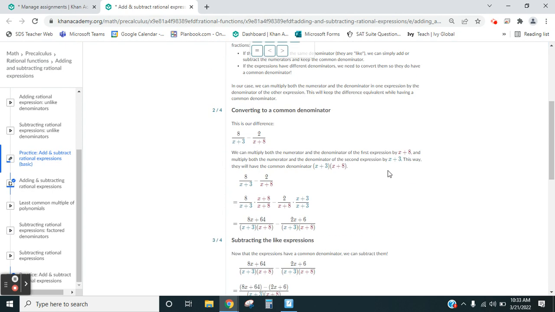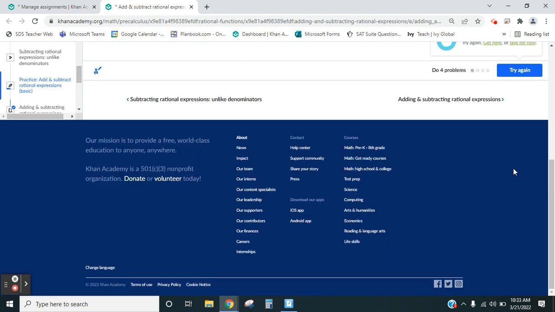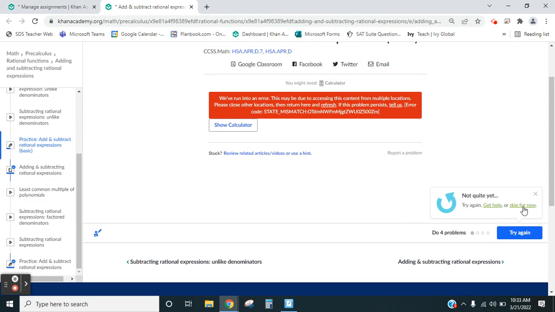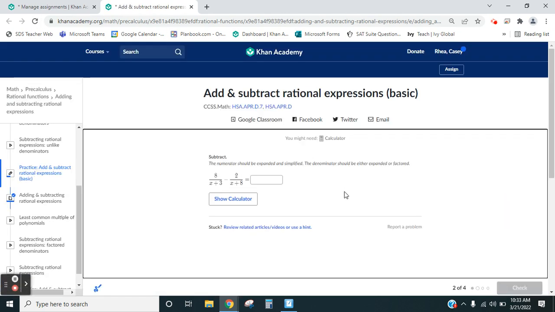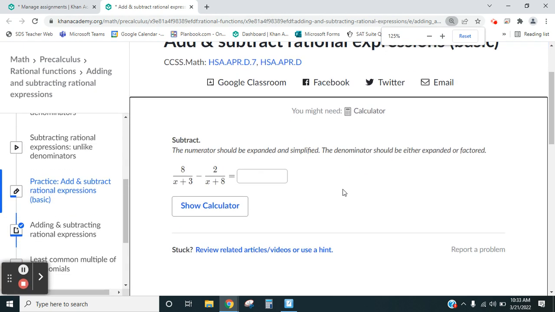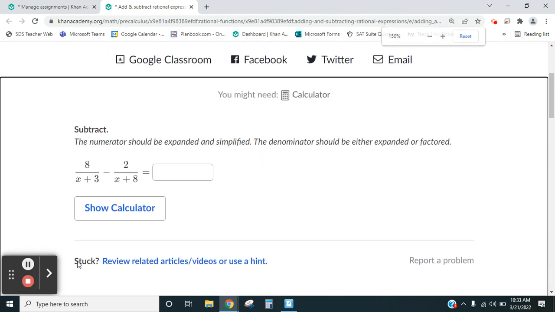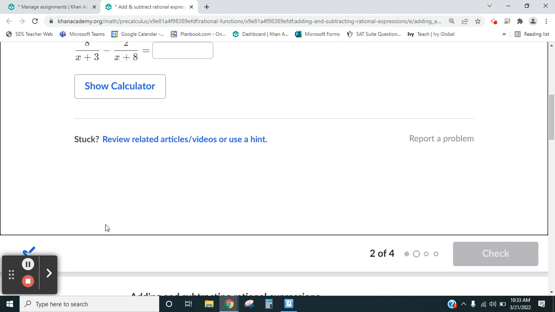Let's start with a different one. All right. Do this anyway. Here we go. They each have different denominators right now.